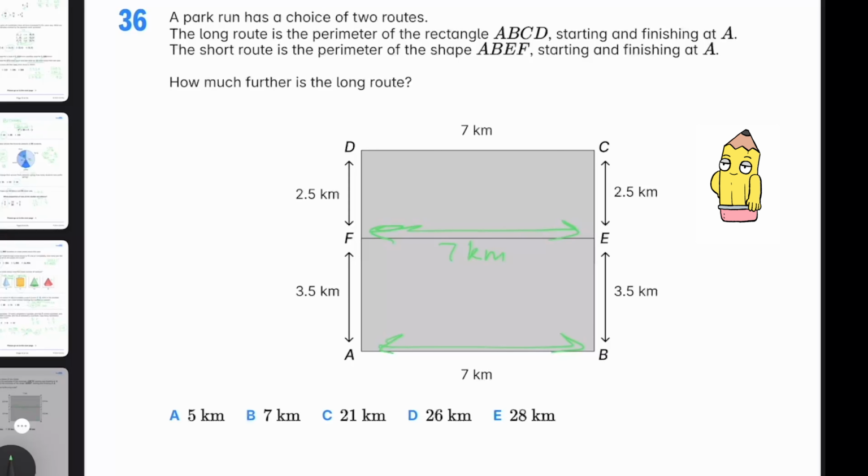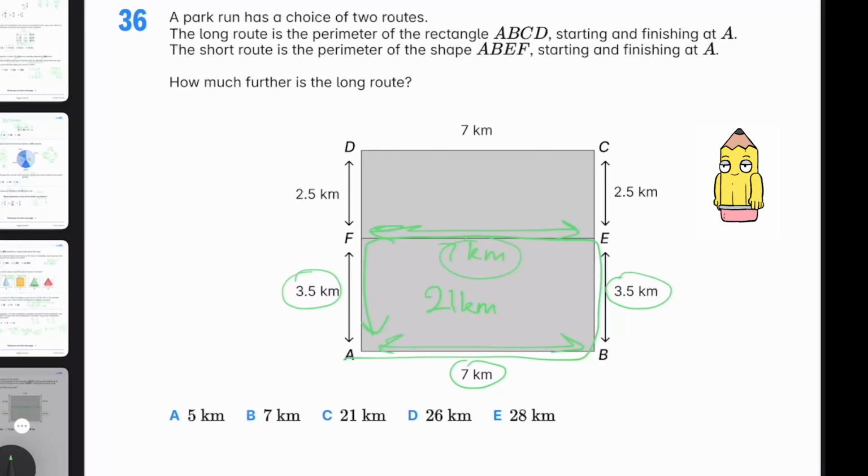The distance of the short route is the perimeter of A, B, E, F. And that there would be 7, 7, 3.5, and 3.5, which gives us 21 in total.